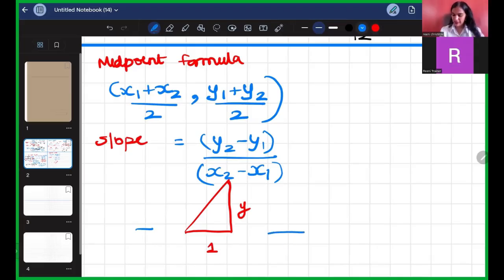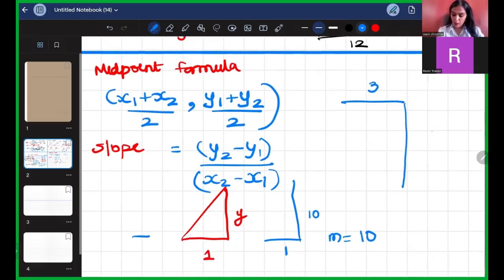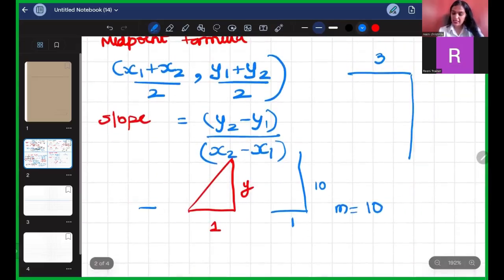For example, x increases by 1 unit to the right, and y climbs by some amount. Say it climbs by 10, then your slope is going to be 10. In case your x increases by 3, and the corresponding change in y, say it goes down by 6 units, then what is the slope?